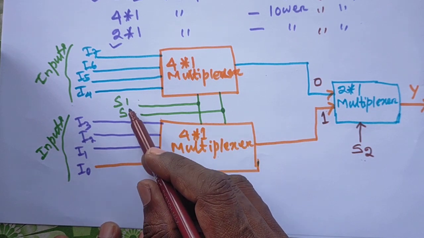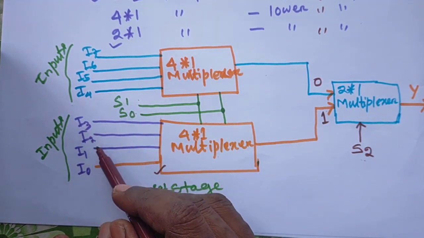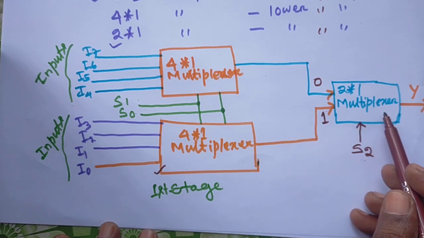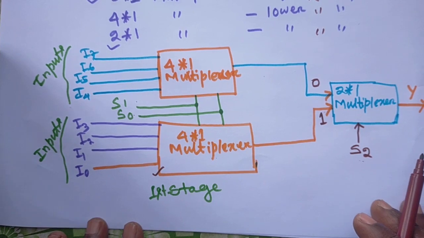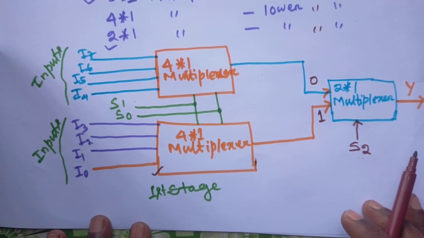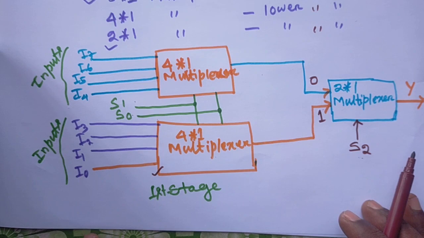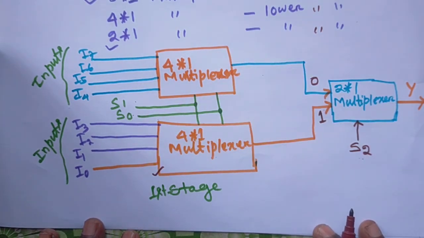This S0 and S1 select among I0, I1, I2, I3 and pass one output to this particular multiplexer, which will provide the Y value. Okay, it will provide the Y value. This is the basic concept. On this basic concept we can also implement many different kinds of multiplexers.